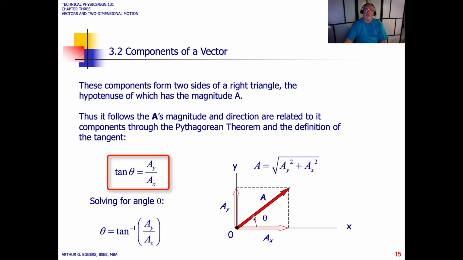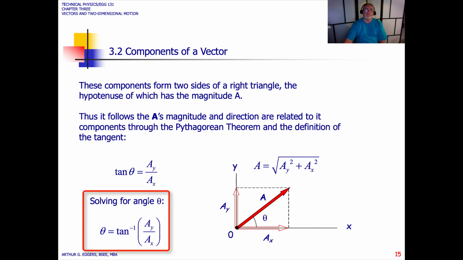To determine the angle associated with that hypotenuse, or that resultant vector, we rely on the trigonometric identity that says the tangent of theta, there's angle theta right here, is equal to the quotient a sub y over a sub x, the y component over the x component. Then we need to solve for the angle theta.